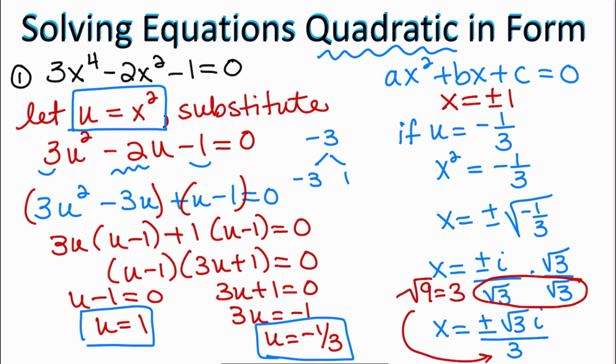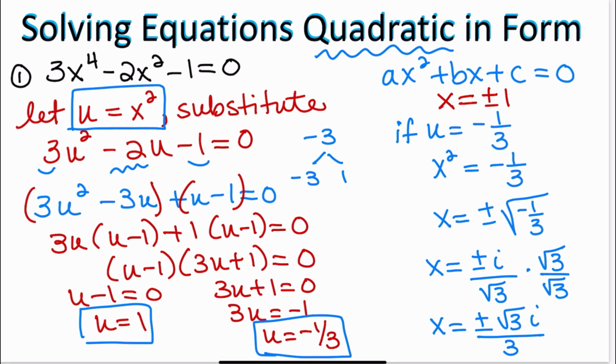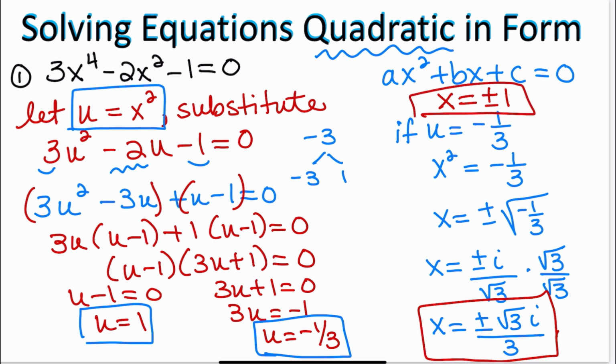So these are my other two answers. Either x is equal to plus or minus 1, or x is equal to plus or minus the square root of 3 i over 3. And notice this is a polynomial equation. Because the highest power is 4, I knew that I was going to have 4 solutions to this problem.